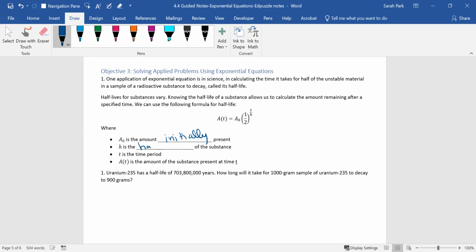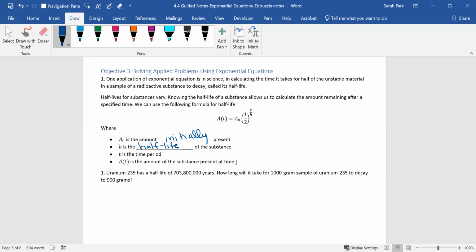Now that's the amount of time. It could be years, it could be minutes, but if it's in years, it's the amount of years that will take the substance to be reduced by half. T is your time period, and A of T is the final amount, or the amount of the substance that's there at time T.